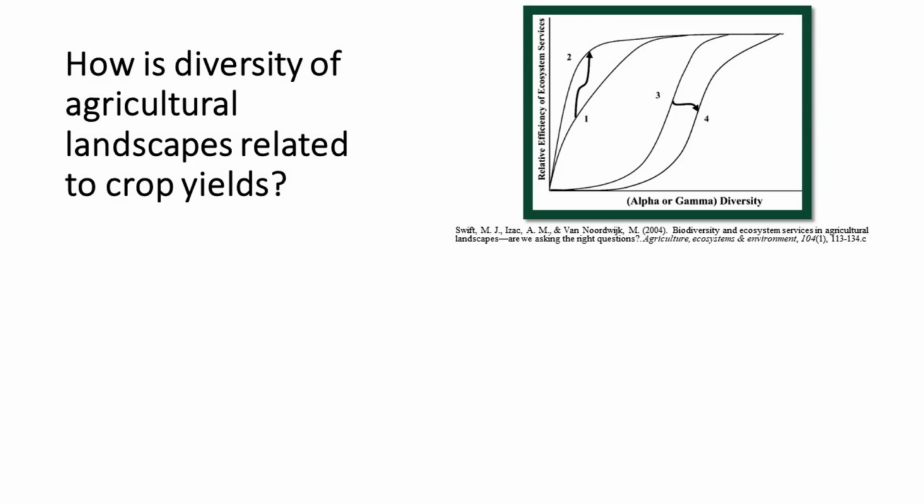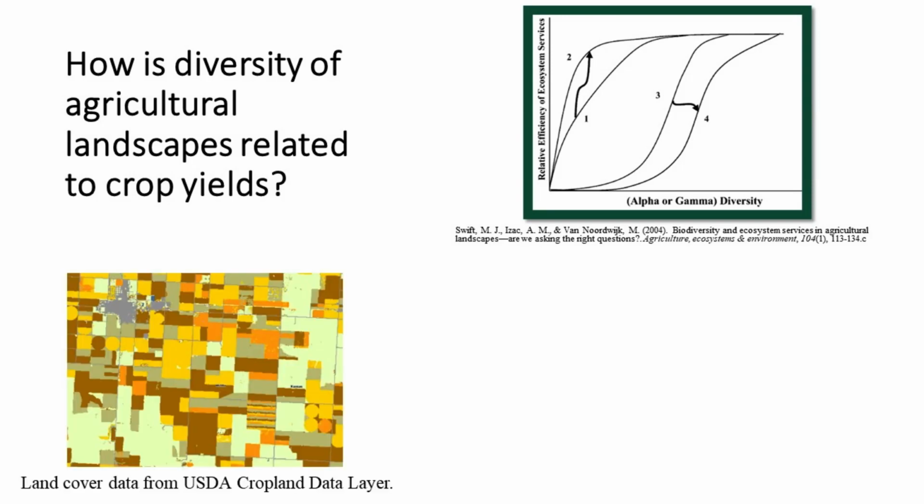So this part of the project aimed to examine this relationship and determine to what extent it holds for crop production in the US. To start looking at this, we used land cover data from USDA's cropland data layer.